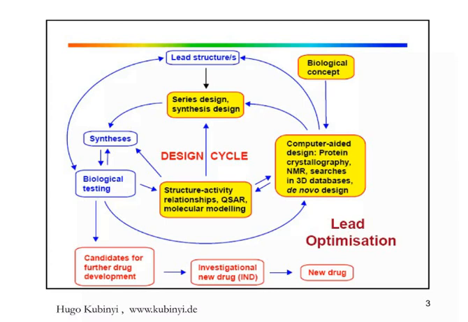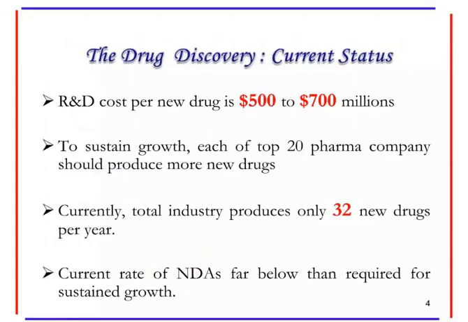So lead structure, series design, synthesis design, and you can see structure activity relationship, QSAR, molecular modeling, synthesis, biological testing, then candidate for the further drug development, investigational new drug, IND, and new drug. This is the design cycle.